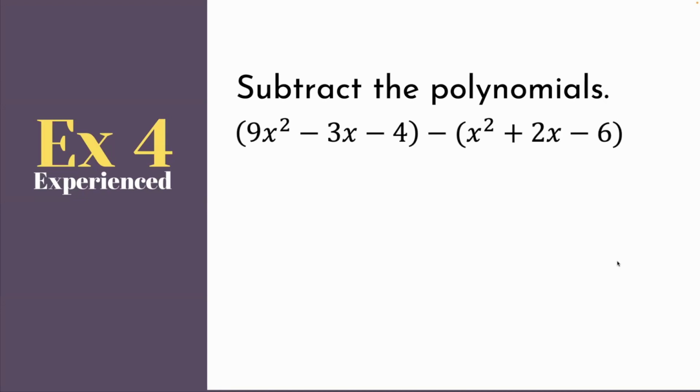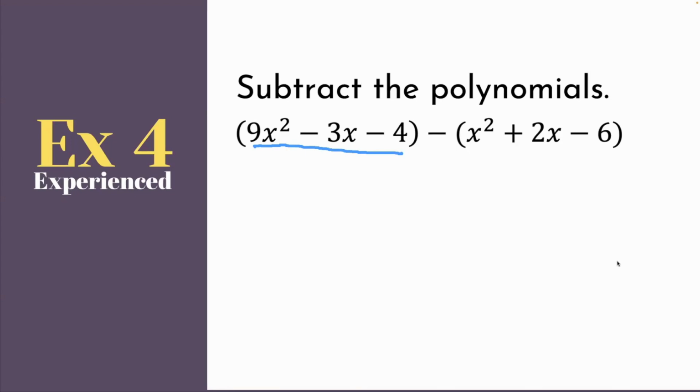For my experience level students, I know what you're thinking. Give me something good. Well, here you go. Turns out subtracting polynomials, yes, that's right, I said subtracting, is an application of this distribution. Well, why? Let's take a look. It says subtract the polynomials, and these 2 things within the parentheses are polynomials. And basically all that is a list of terms. So this first one is a list of terms, 9x squared minus 3x minus 4.